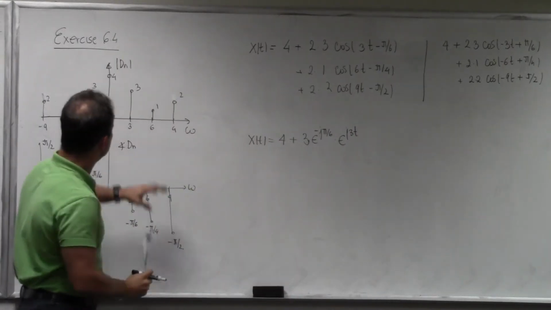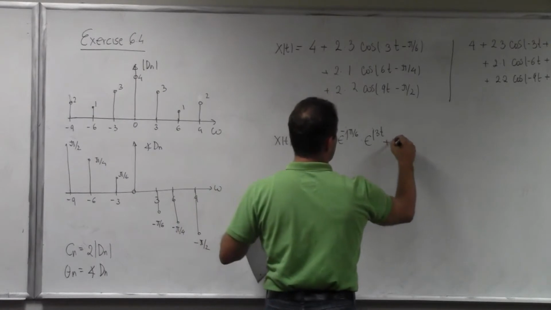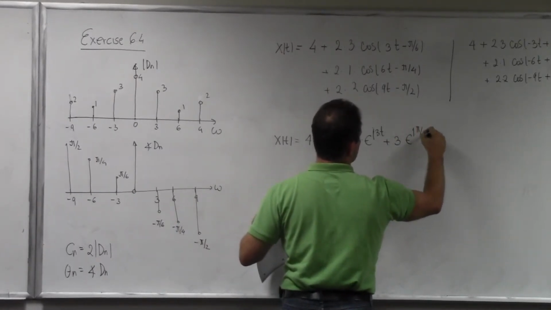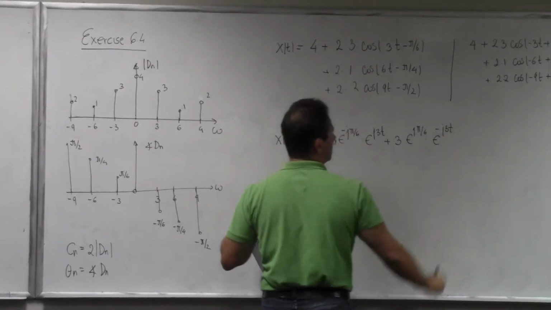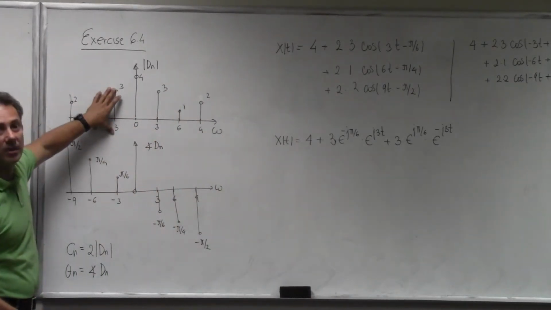So that's this component, right? And then I have to add plus 3 e to the j pi over 6 times e to the minus j3t, right? Which is its counterpart on the other side.